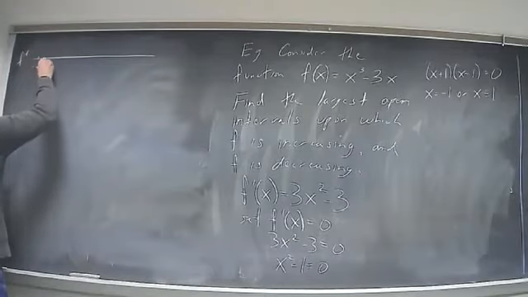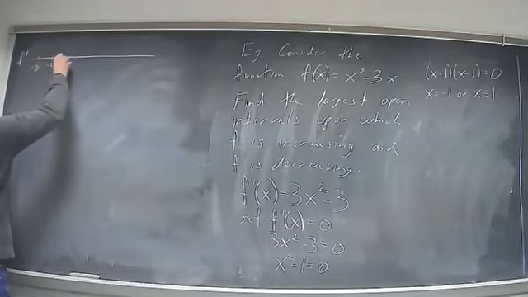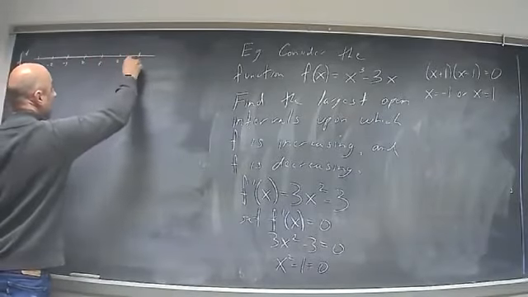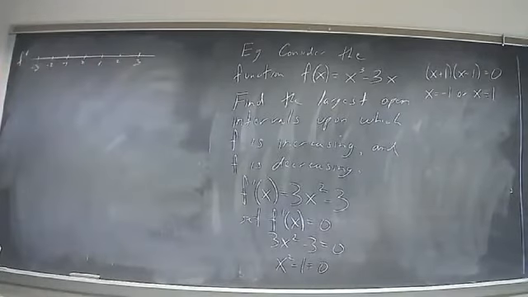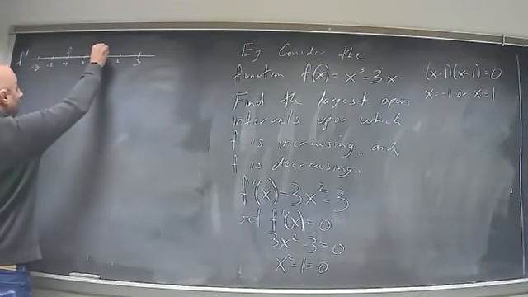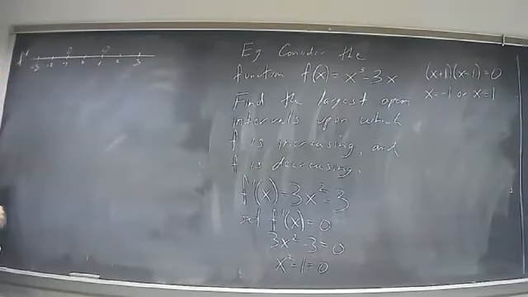So at minus 1, the derivative is 0, and at plus 1, the derivative is 0. Remember, those are not open circles, those are honest to goodness zeros. And that breaks the real number line up into 3 parts.